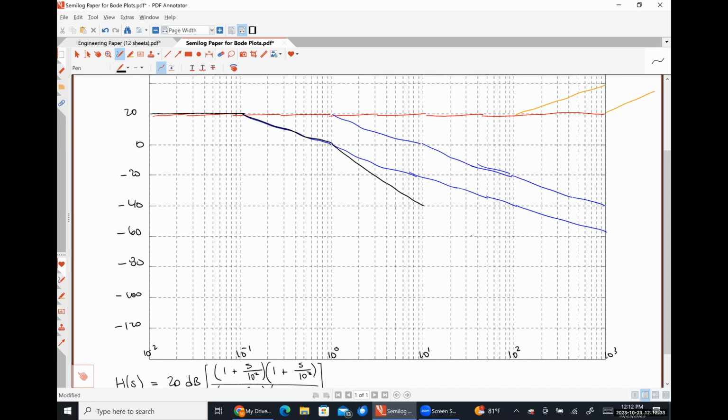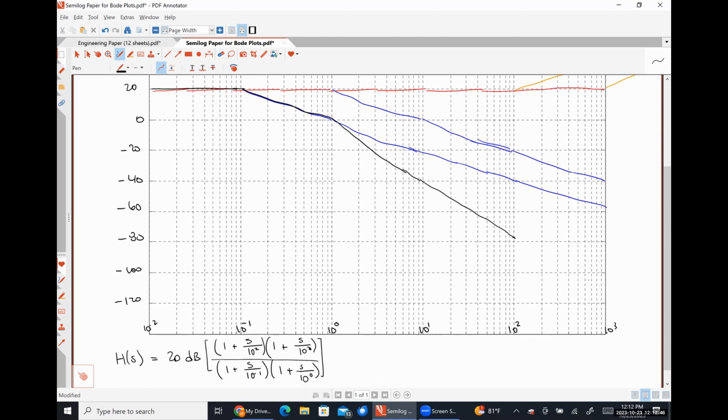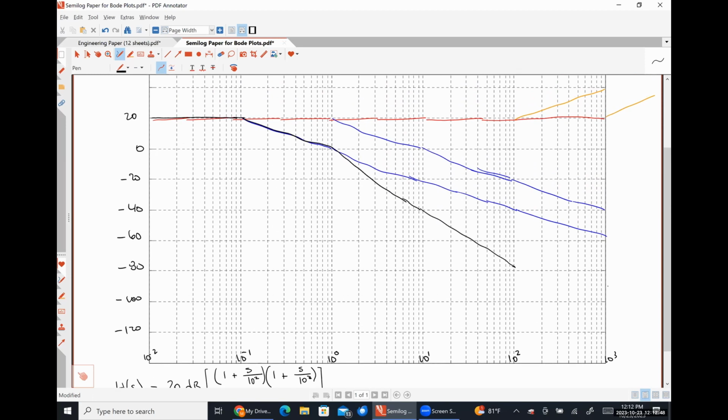When we get to 10 to the 2, I didn't mean to erase that. We hit 10 to the 2, we hit our first zero. So now we're going to decrease at a rate of 10 decibels per decade. And then from here on out, we would be decreasing at a rate of 0. Yes.